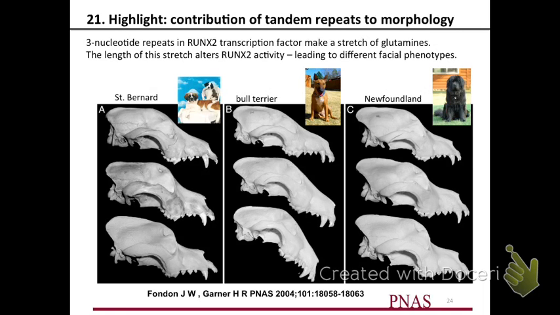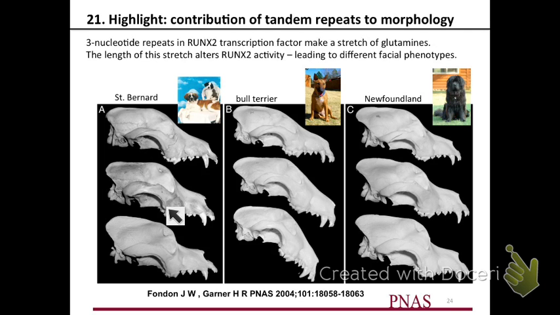And here's a very nice study. What they did here is they took dog skulls from certain times. So this is from 1850, 1921 and 1967, and they compared the facial features.